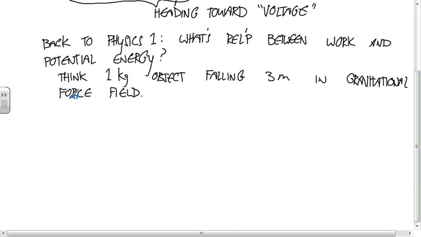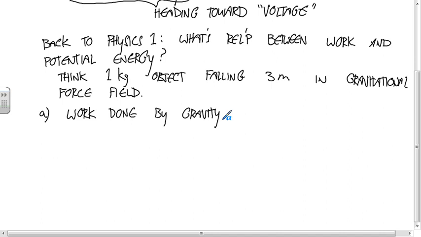First, let's calculate the work. What's the work done by gravity? Well, what's the force that gravity is going to apply to that 1 kilogram object?